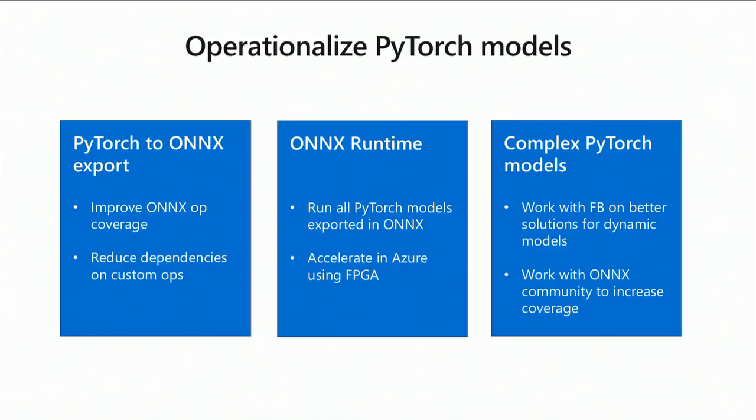And the second thing is we want to make sure all the PyTorch models can be exported to ONNX and run on Microsoft ONNX Runtime, which runs in the cloud and also on all kinds of devices Microsoft cares about. And a little bit more speculatively, we are going to engage with the Facebook team to work on better solutions for dynamic models.